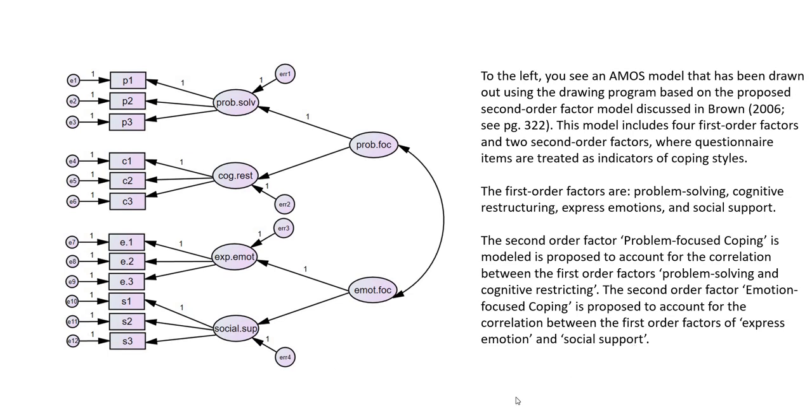So the first order factors that are being represented right here include problem solving, cognitive restructuring, express emotion, and social support. And so you can see that the single-headed arrows from the first order factors to the individual items, those are going to capture the factor loadings.